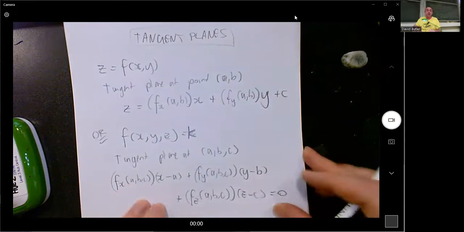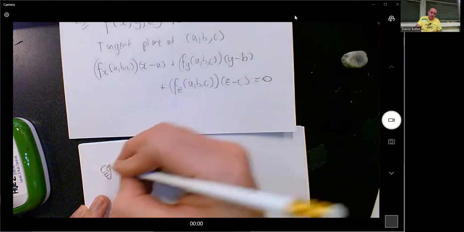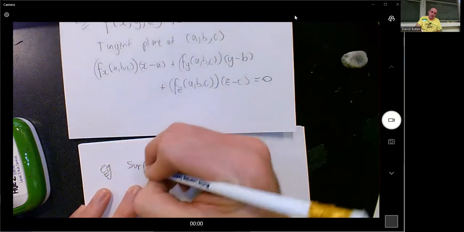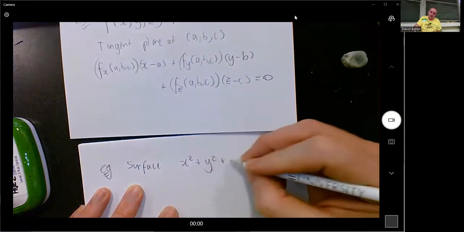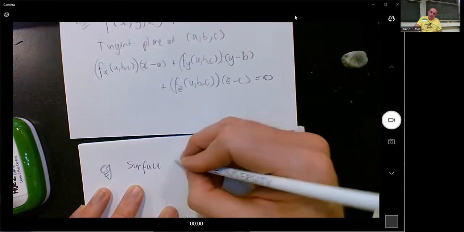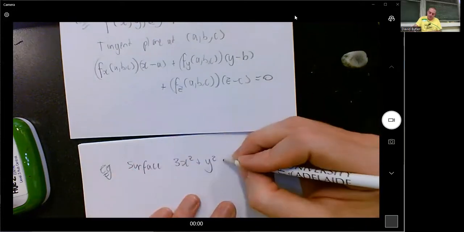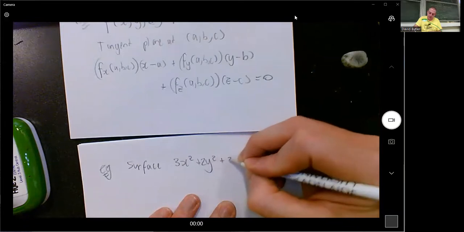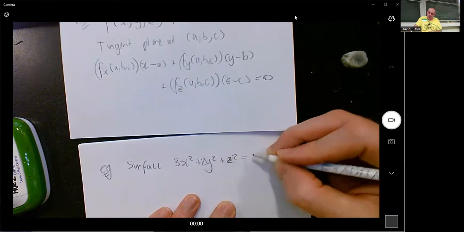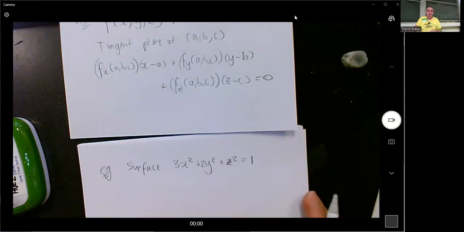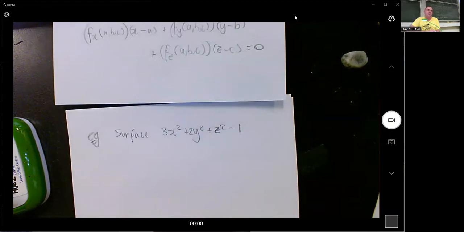So just as an example, this surface, it's a ball, by the way.